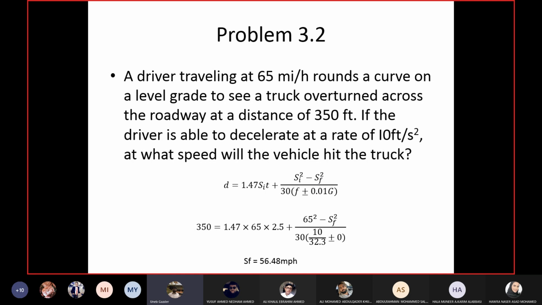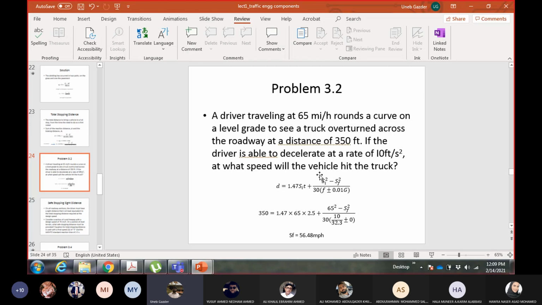So how much would be the D value here? 726.59.